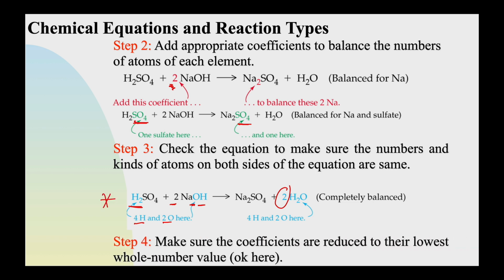Now, there is a step 4, and it's not a big deal here, but you want to make sure that you're using the smallest whole numbers. So for example, for the reaction we just wrote, we could have also had a balanced reaction by having double the amounts. So 2 H2SO4 plus 4 NaOH makes 2 Na2SO4 plus 4 waters.